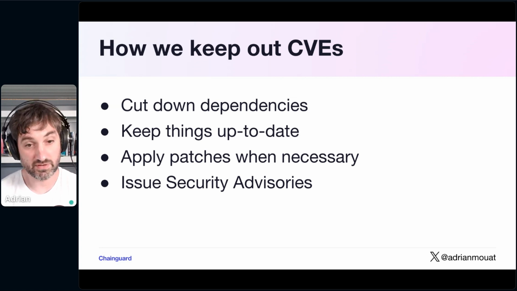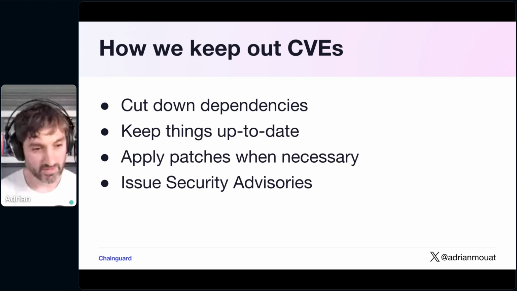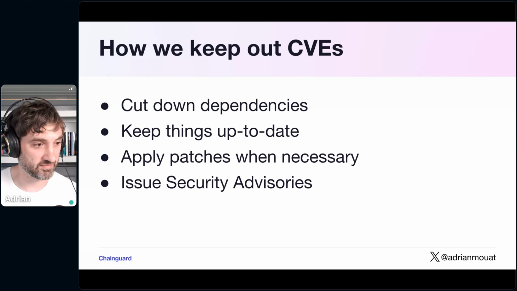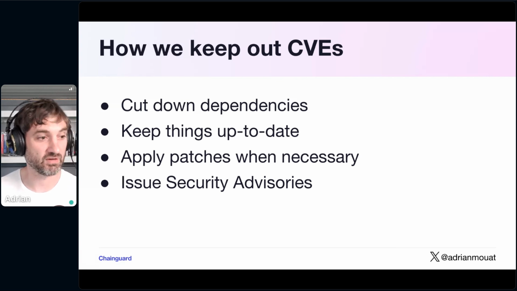We can also issue security advisories because we have our own Linux distribution called Wolfie. What we can do is issue security advisories, and these security advisories are picked up by the scanning tools like Trivy, Snyk, Docker, etc. And what we can say is, okay, so for CVE 2024, blah, blah, blah, on this package, actually this CVE isn't relevant because that CVE is about Windows, and this is a Linux package, therefore it's not a relevant CVE.